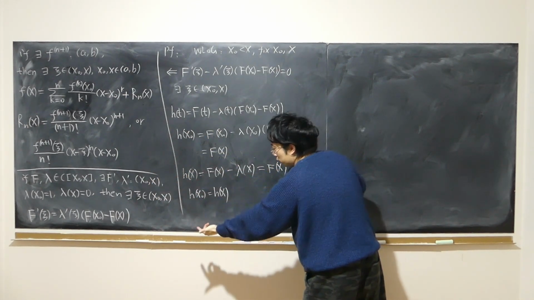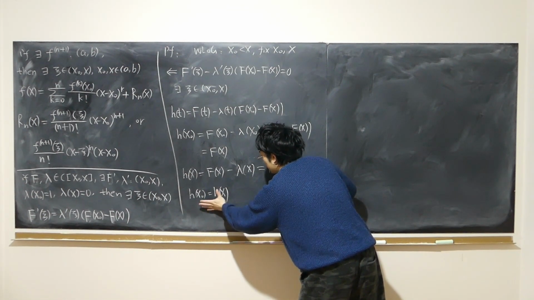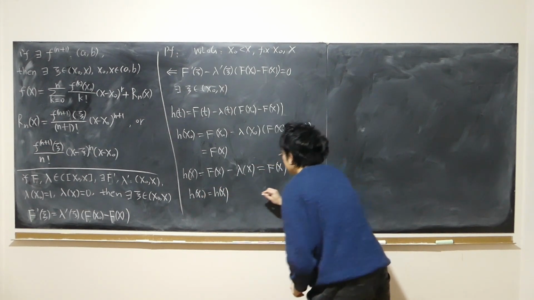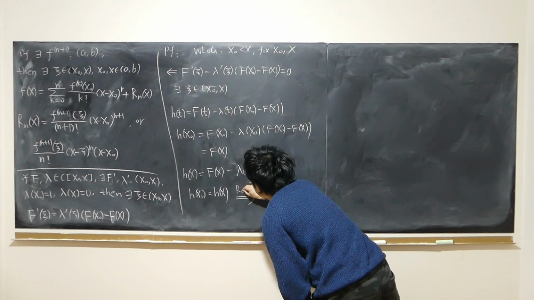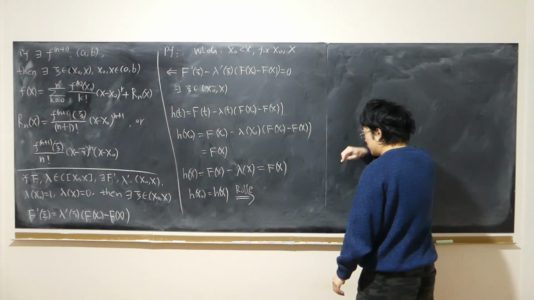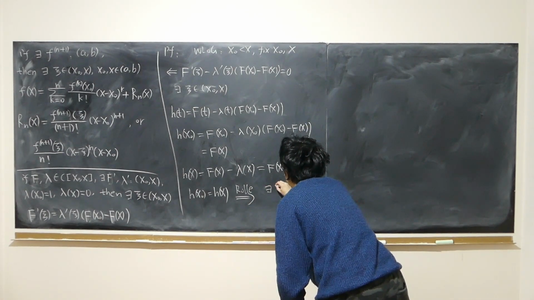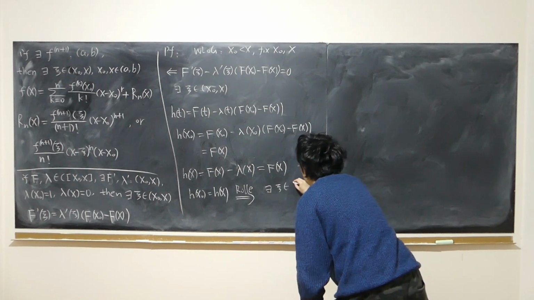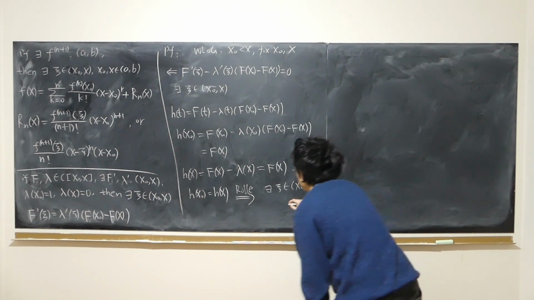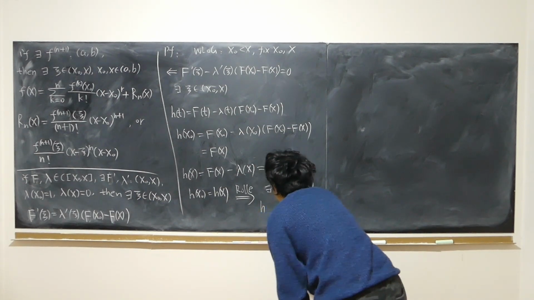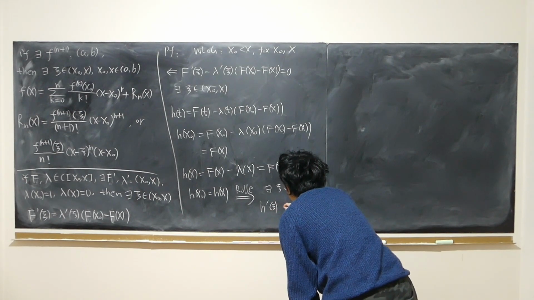Also, because h is equal at both edges, according to Rolle's theorem, we can easily conclude that there exists some ξ inside the open interval (x naught, x) so that the derivative of h at ξ is equal to exactly 0.